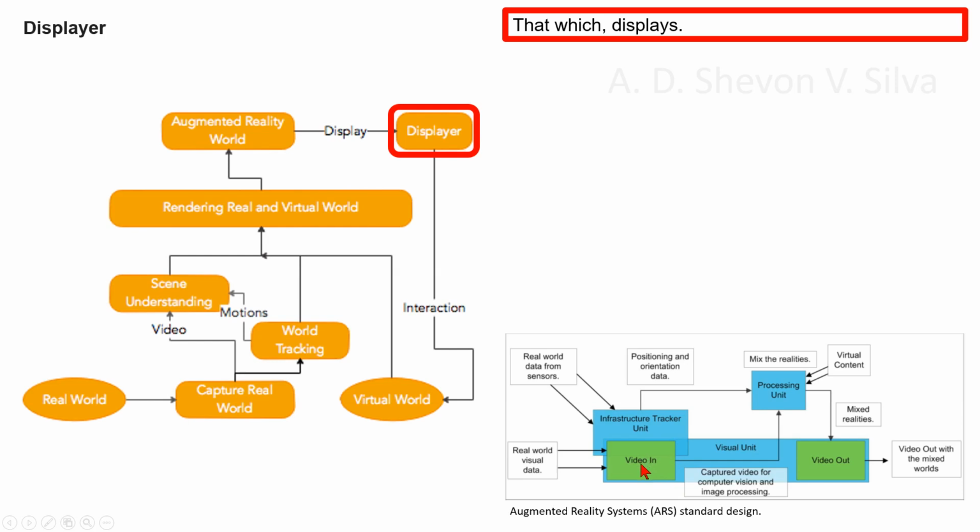The visual unit can be classified in two types of systems depending on the followed visualization technology. One, video see-through.